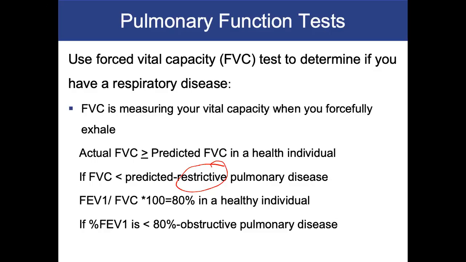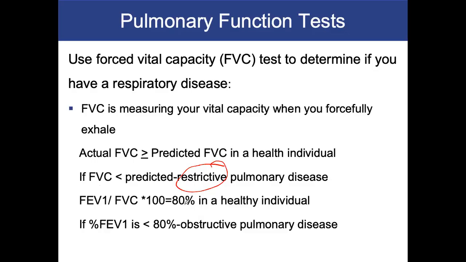Okay. For the second portion of this, normally your forced expiratory volume, so if you look at the next one, forced expiratory volume 1 divided by forced vital capacity times 100 should equal 80% or greater in a healthy individual.